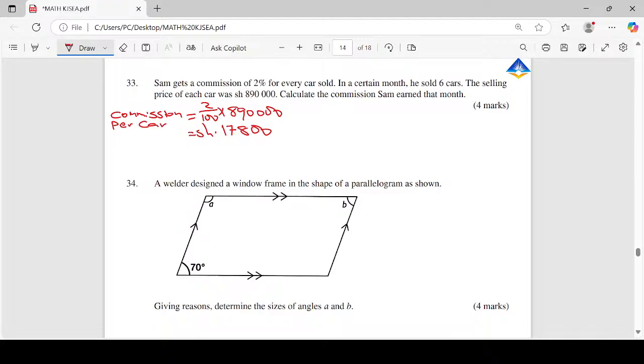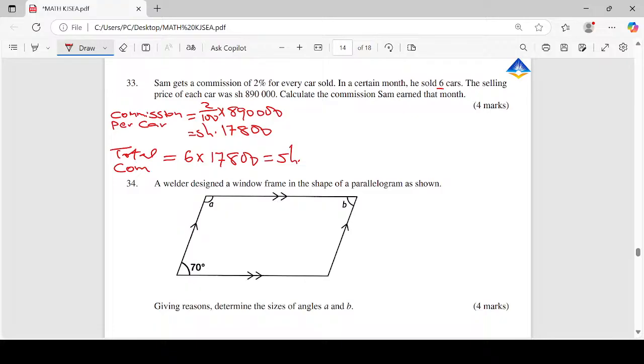But in a certain month, he sold how many cars? 6 cars. So to get the total commission, you take 6 times 17,800.